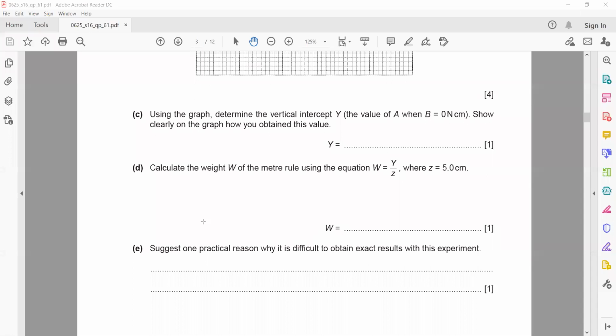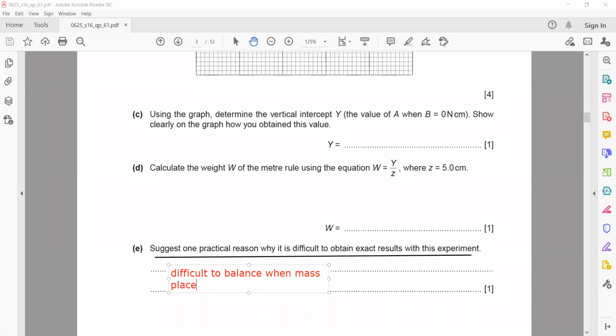Commonly, the common answer for these questions is that it is difficult to balance when mass or load is placed on the meter rule, or you can mention the meter rule slides down from the pivot, or the mass slides down when you're placing the mass.